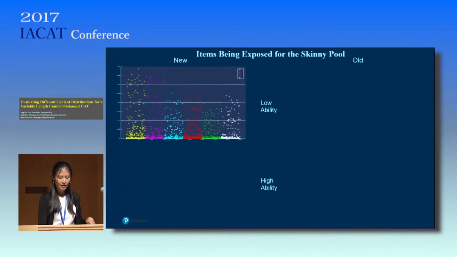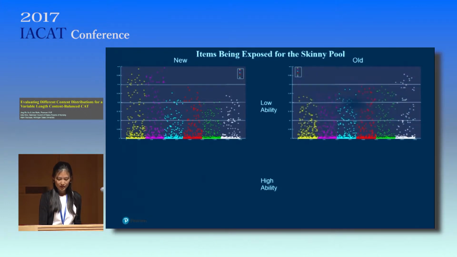The second line is exposure rate equal to 0.2. And the highest line is the exposure rate of 0.3. And you can tell that for the easier content areas, the new design lets more items be exposed. However, for the old design, you don't see this pattern. Instead, the old design let more items be exposed for the harder content areas.